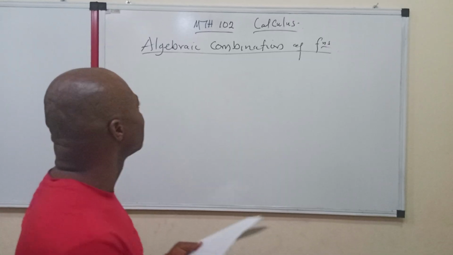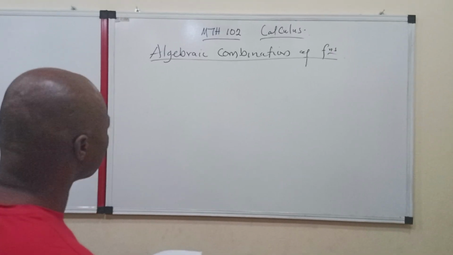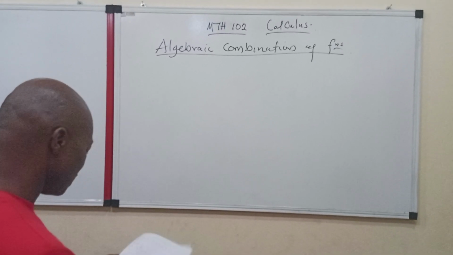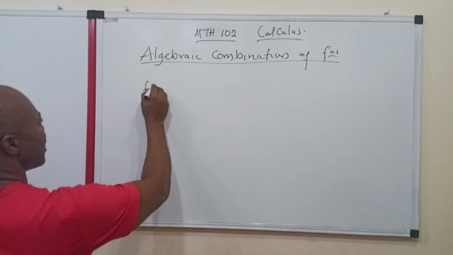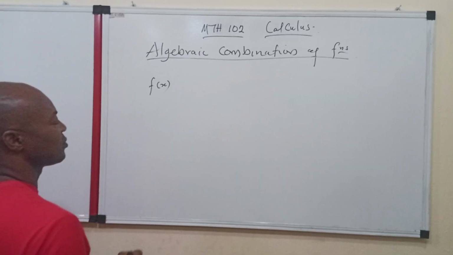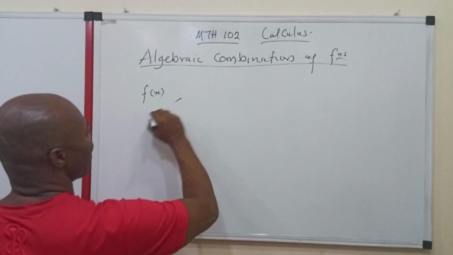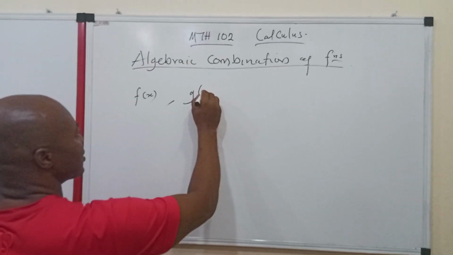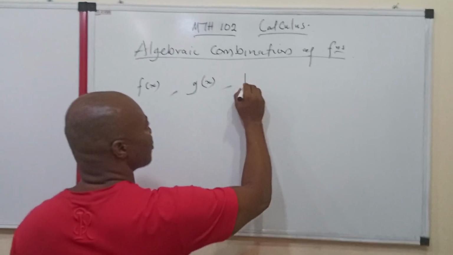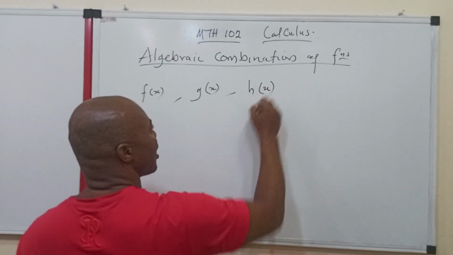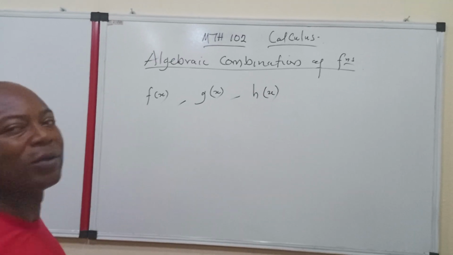And then we'll see as we go on, I believe we're going to enjoy every bit of what we're about to say. Now, having known what a function is, let's consider some functions, say f of x. Let's also have another one, say g of x. There is also the possibility that we can have h of x and so on.